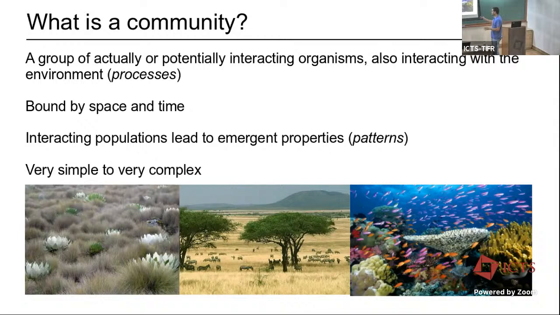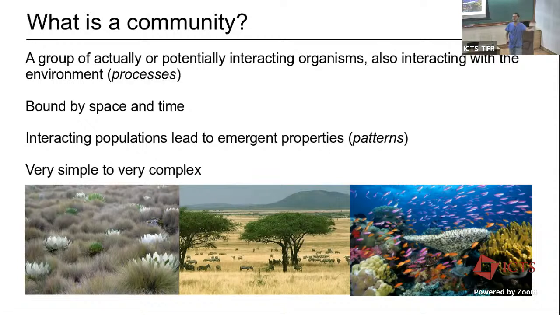So a community is bound by space and time, right? Communities can change over space or over time. The same set of species today might not be there one year from now, so the community can change in the same location over time.